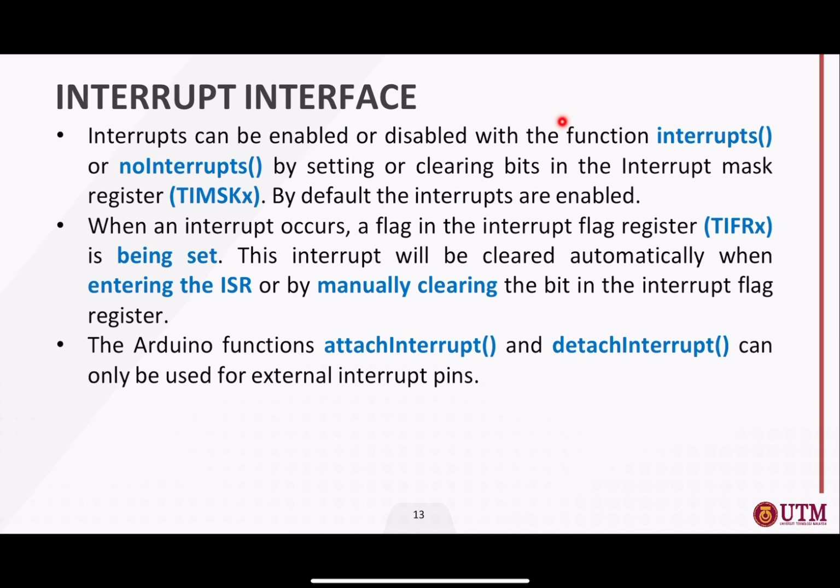If you didn't initialize anything, it means that your interrupt is enabled. When an interrupt occurs, a flag in the interrupt flag registers is set, because flag registers indicate the current status. So if you are initializing an interrupt, the interrupt flag will be set.